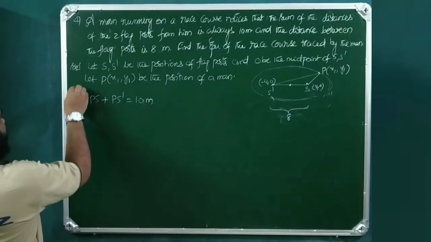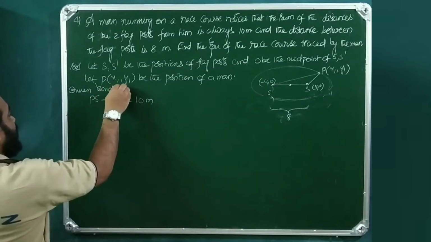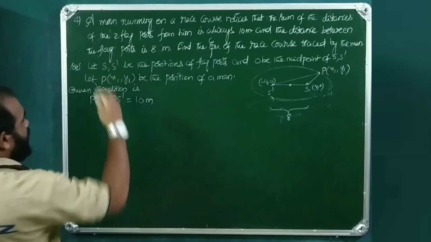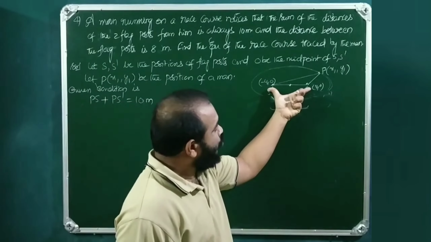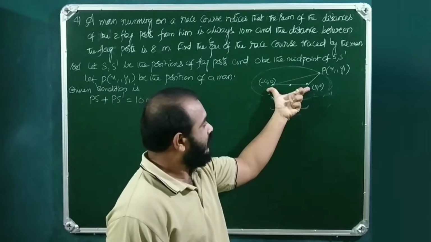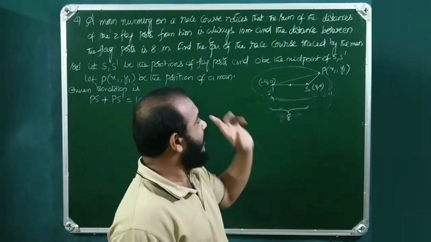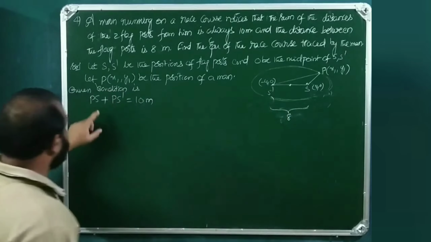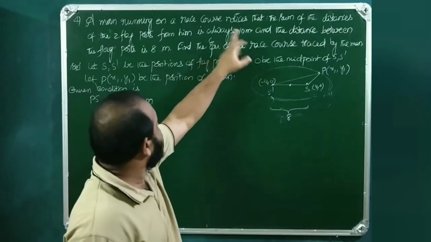So the given condition is the distance between the two foci S S dash is 8. That means this is 4 comma 0, this is minus 4 comma 0. So the given condition is PS plus PS dash equals 10 meters.